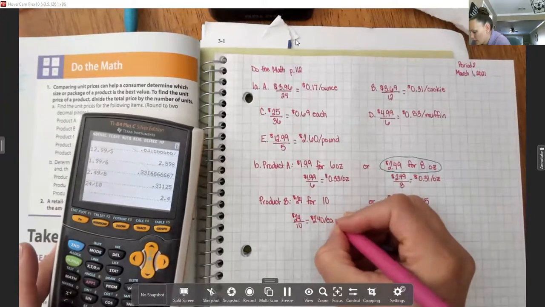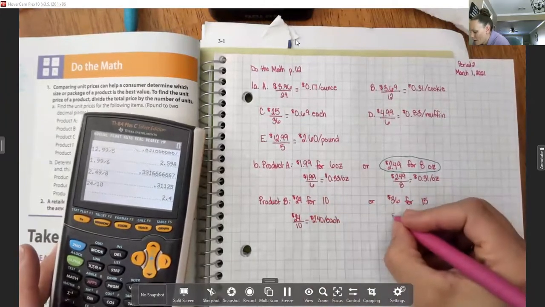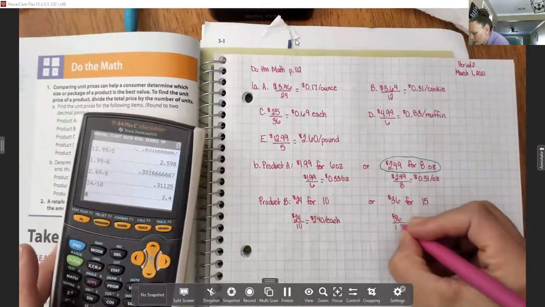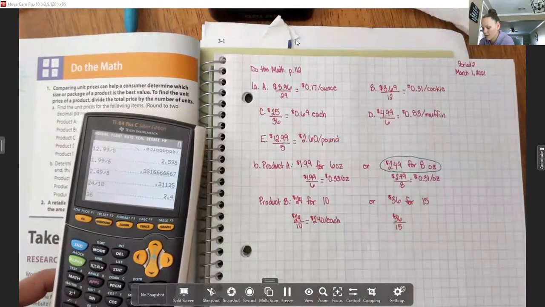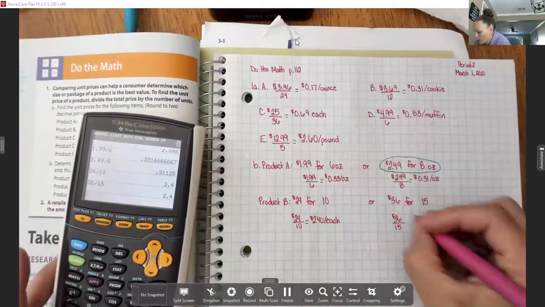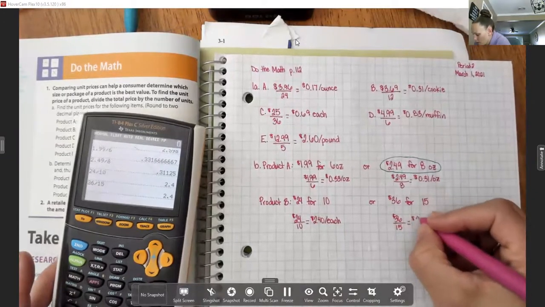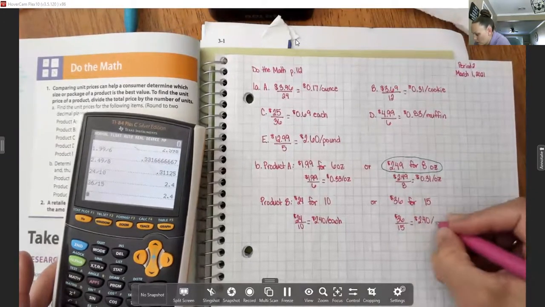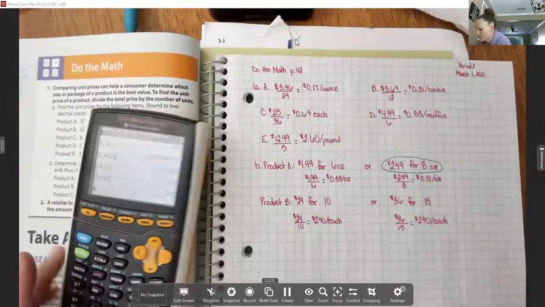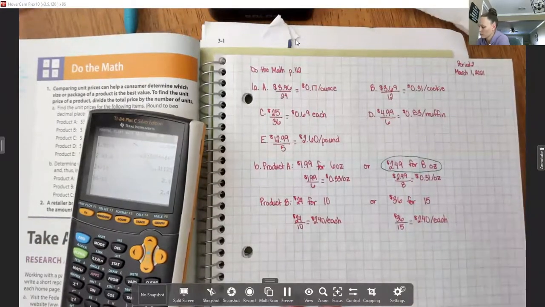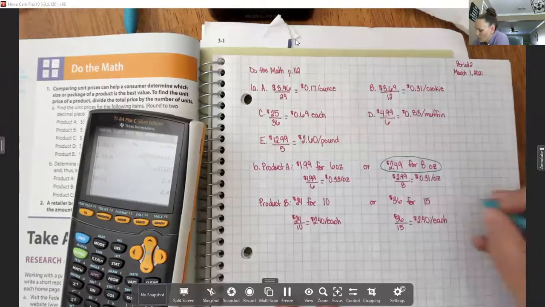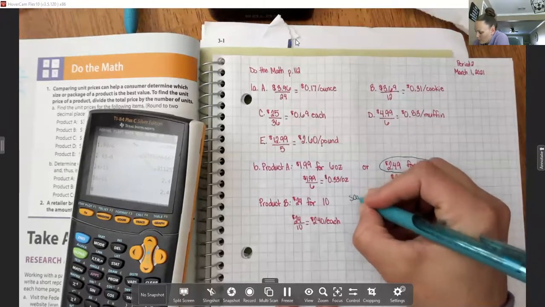It just says a box of 10. Again, we don't know what they are. This one is $36 for 15, so also $2.40 each. So these ones are the same.